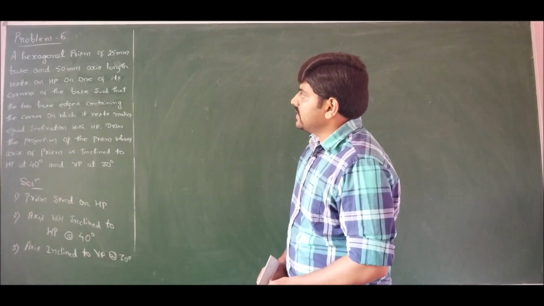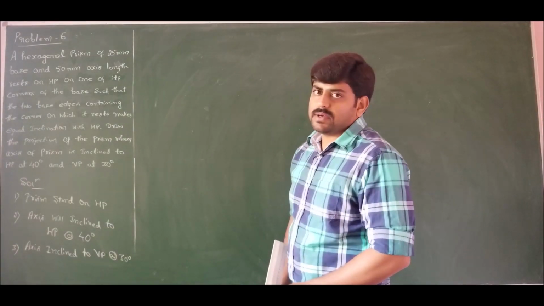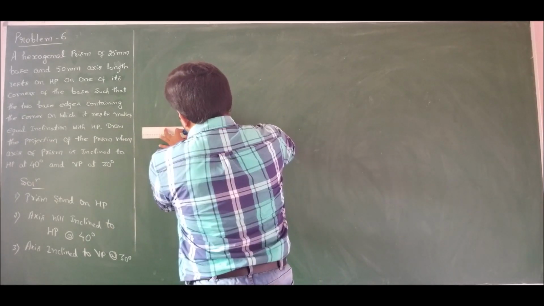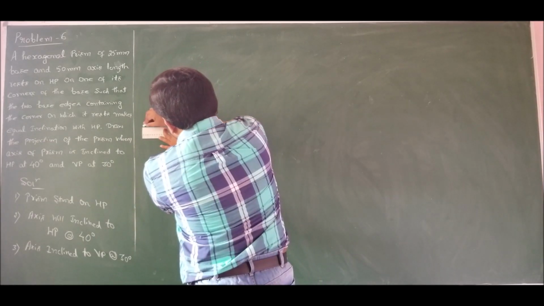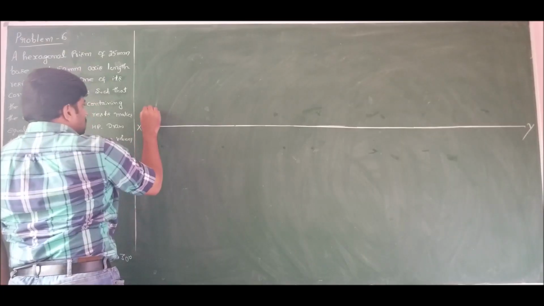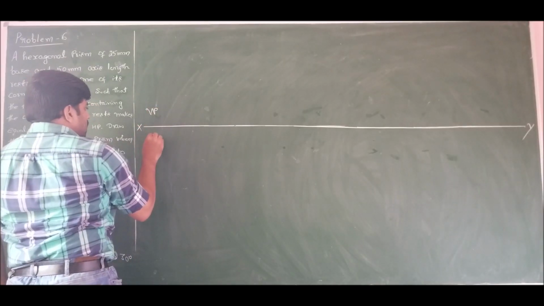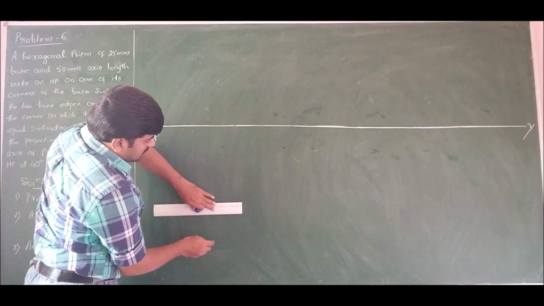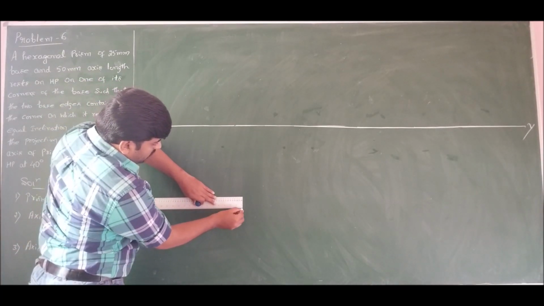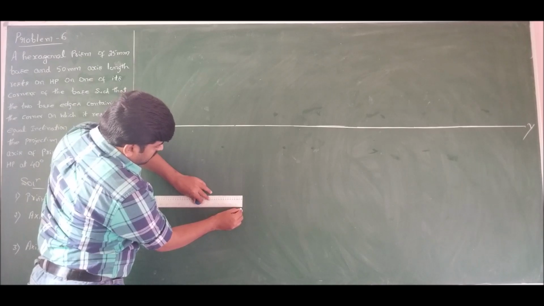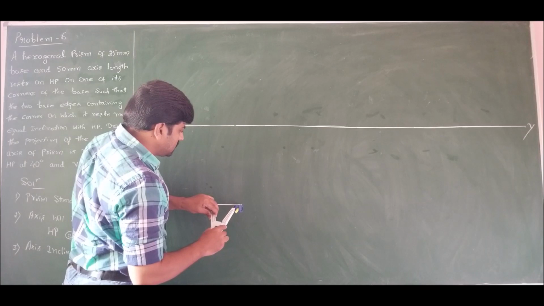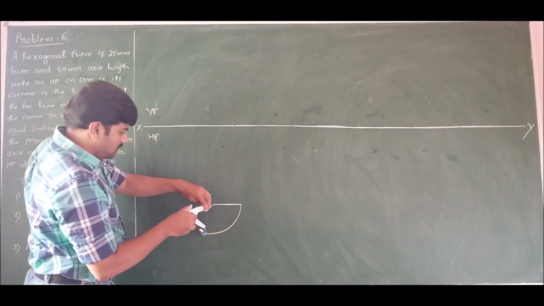The edge length of this hexagon is 25 mm. Therefore, draw a line of 25 mm. Before that, let me mark the XY plane. So this is the vertical plane and this is the horizontal plane. Draw a horizontal line as a reference whose length is equal to the base edge length, which is 25 mm. Now, taking this as a reference, construct a circle.